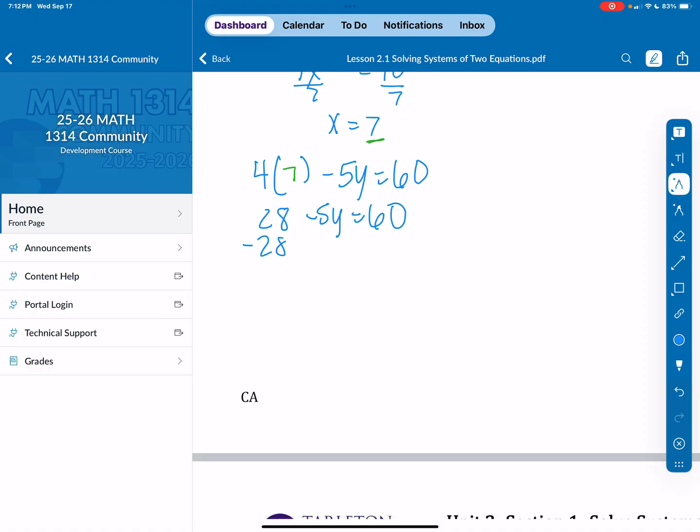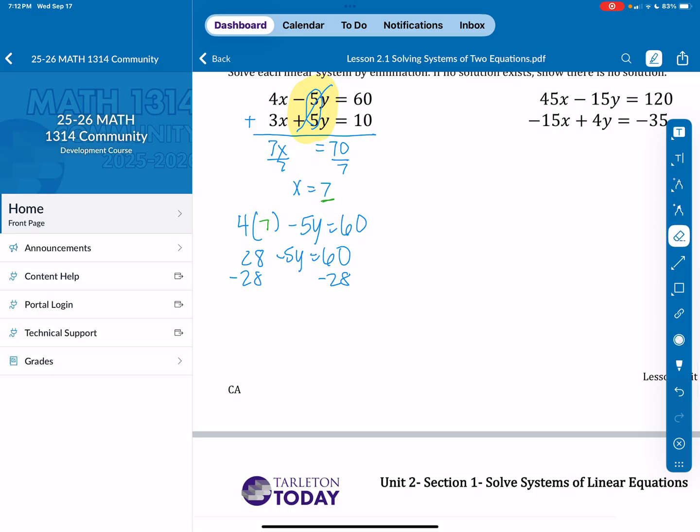I'm going to subtract 28 from both sides. Oh, I'm such a dork. I'm sorry. I was like, why is this not working? 70 divided by 7 is 10, not 7. Sorry. Let me go back and fix this. 10. There we go. Sorry, y'all.